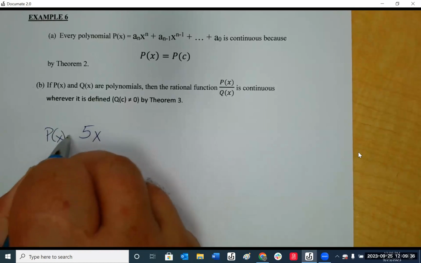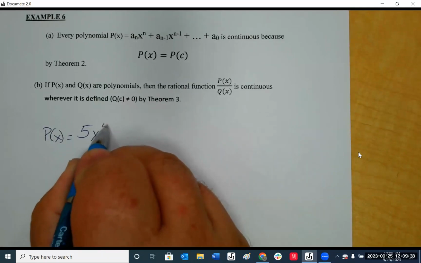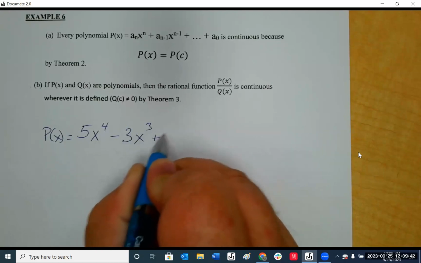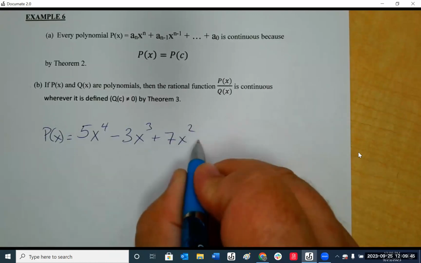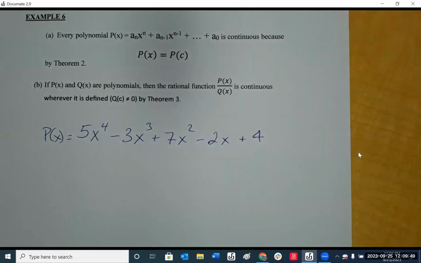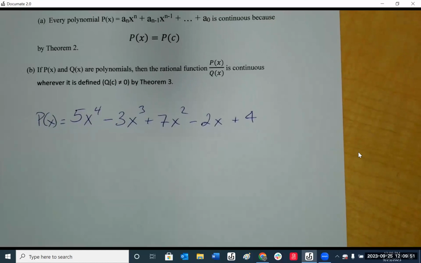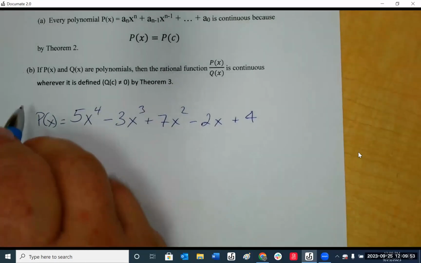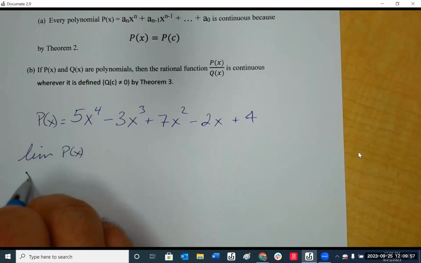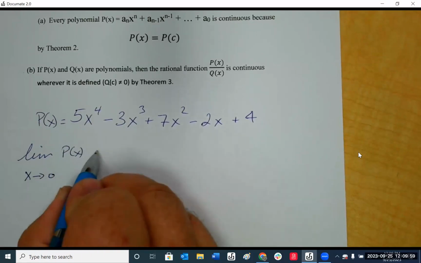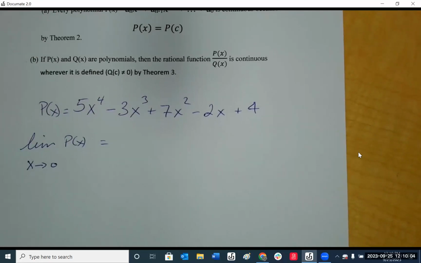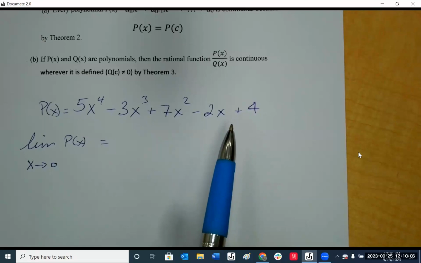P of x is equal to... find the limit of P of x as x goes to 0. Is this a continuous function?